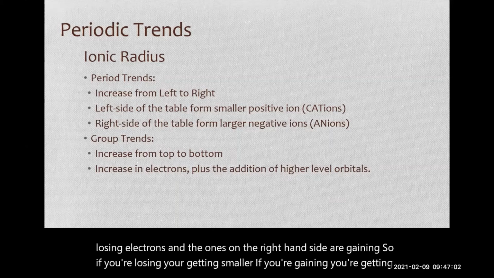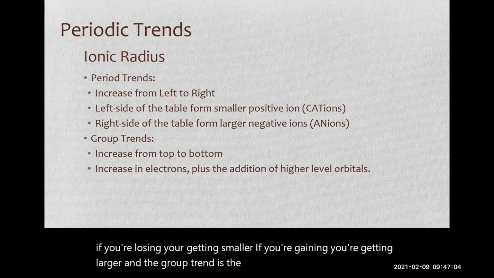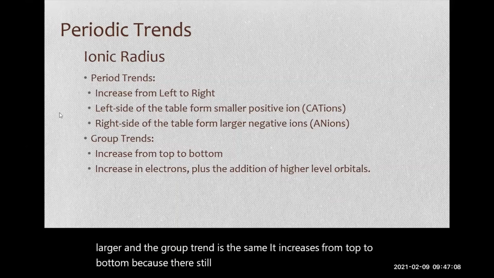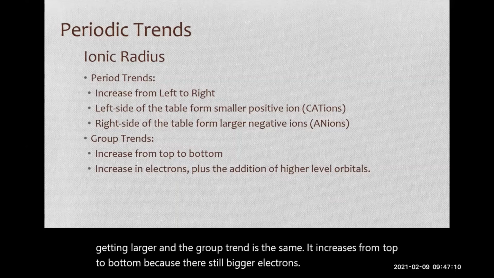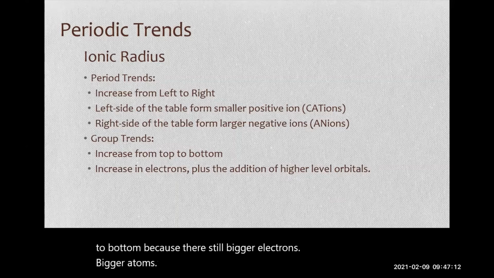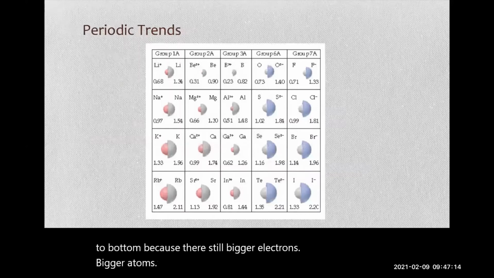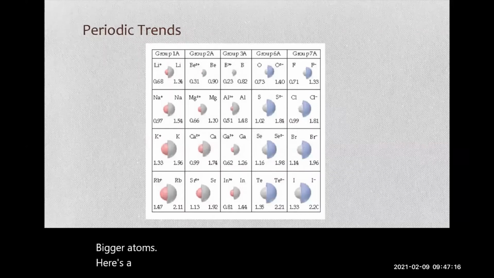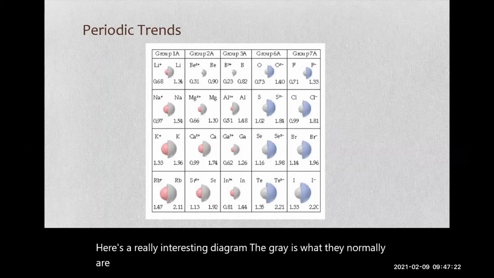And the group trend is the same. It increases from top to bottom because they're still bigger atoms. Here's a really interesting diagram. The gray is what they normally are, and then the colors is the difference when they're an ion.